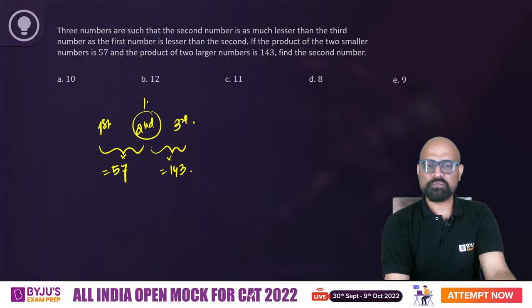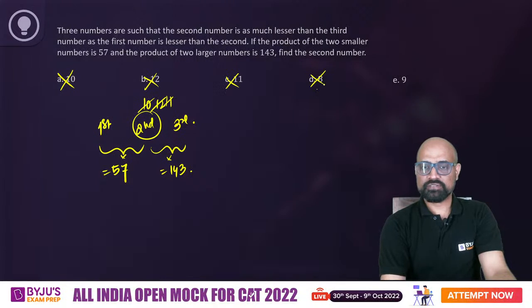Can 10 be this number? No. 10 into anything is never 57 and it's not 143 also. Can it be 12? No. Can it be 11? Nope. Can it be 8? Bilkul nahi. Can it be 9? It could be, right?